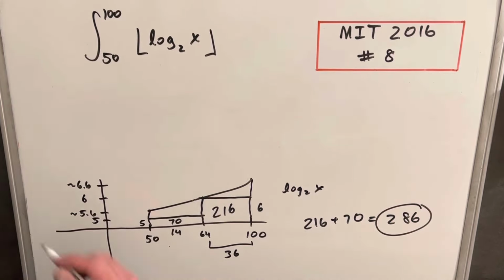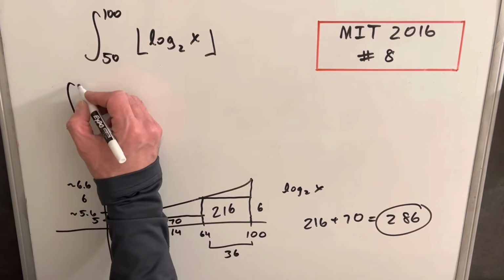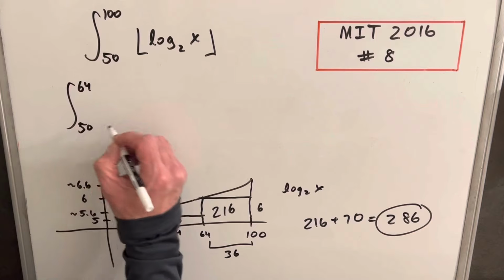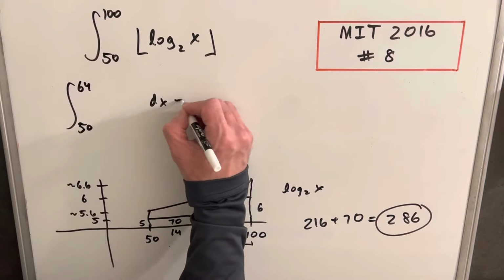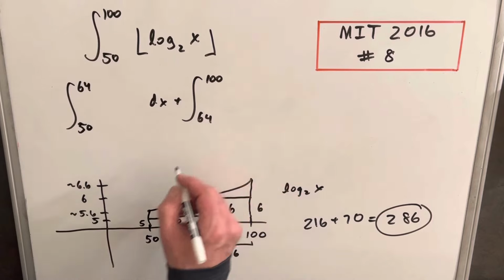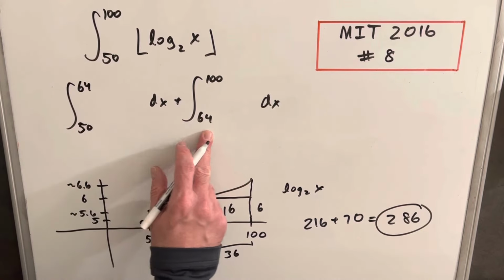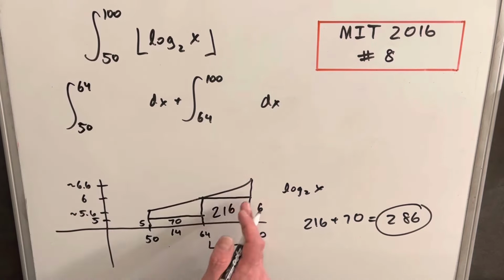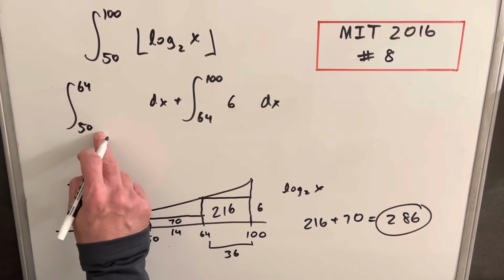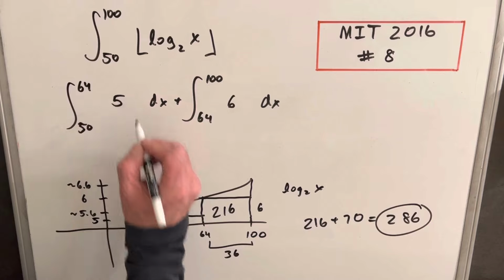We could see the exact same thing just by breaking up the integral into two integrals, one from 64 to 50 and another from 100 to 64. In the region from 64 to 100, everything is going to be 6, and from 50 to 64, everything's going to be 5.